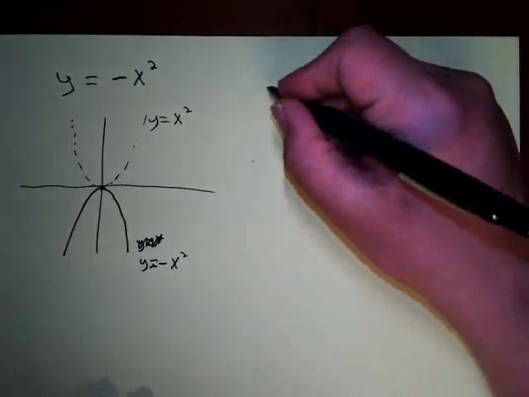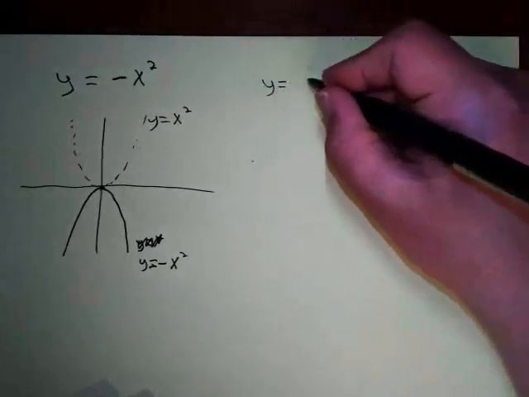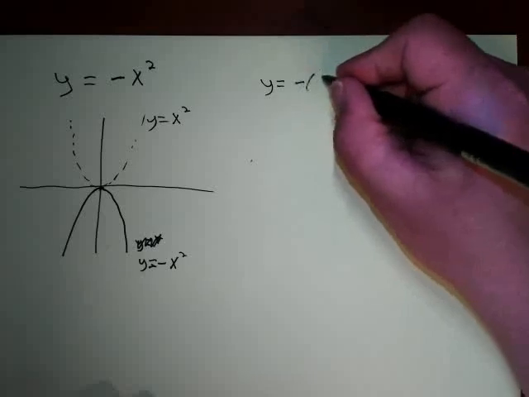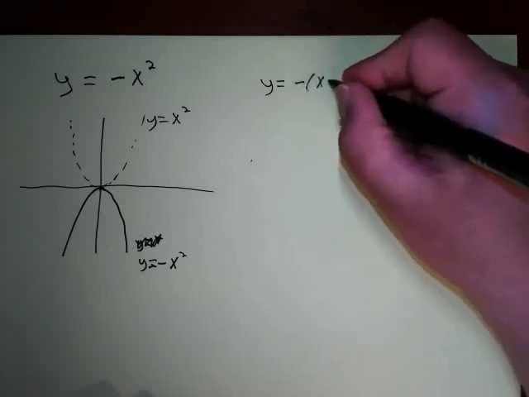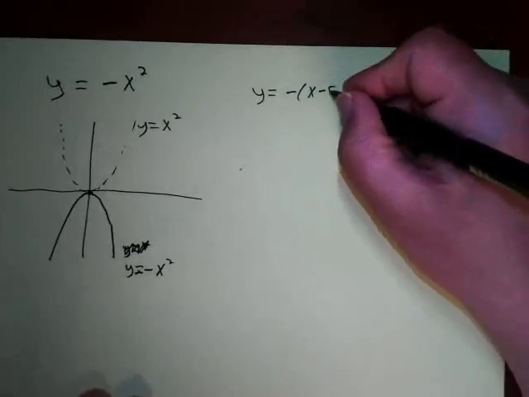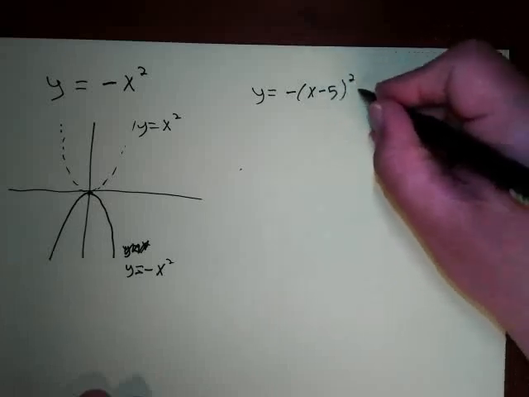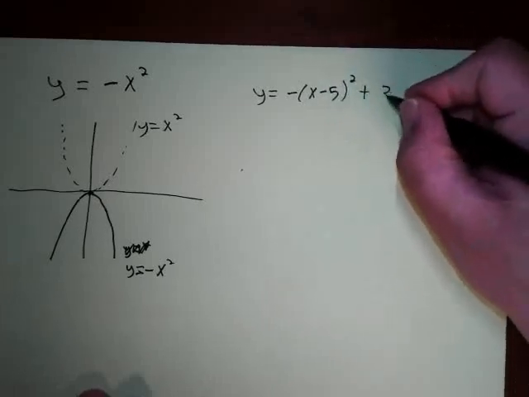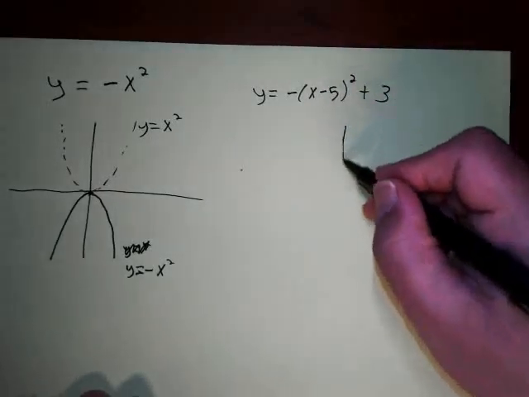So then you could do a bunch of these together. You could do something like negative x minus 5 squared plus 3. Okay?